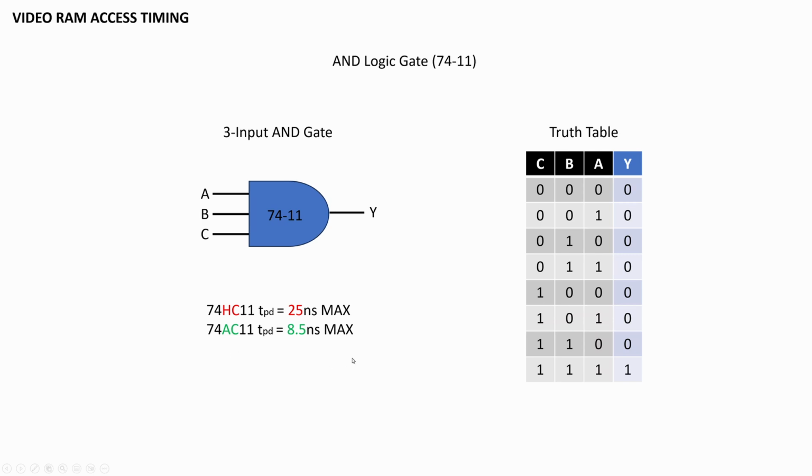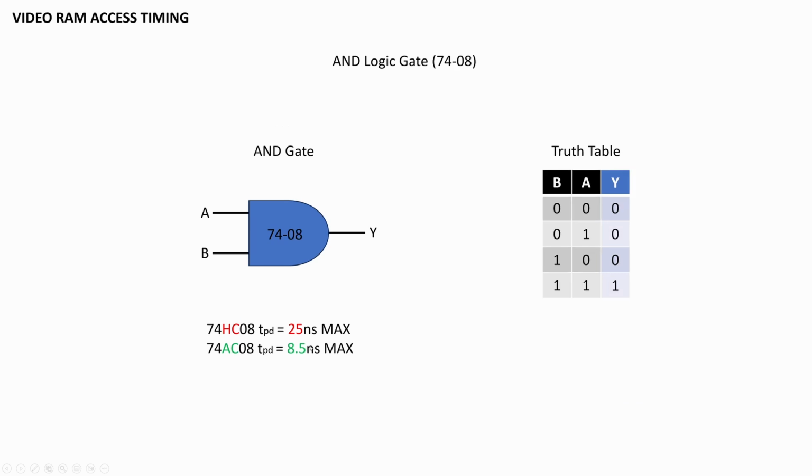Again, I'm showing here the propagation delays. This is a little bit faster chip. The HC part has a maximum propagation delay of 25 nanoseconds, and the AC part has a maximum propagation delay of 8.5 nanoseconds. The next gate I'm going to look at is the 7408. This is a 2 input AND gate.